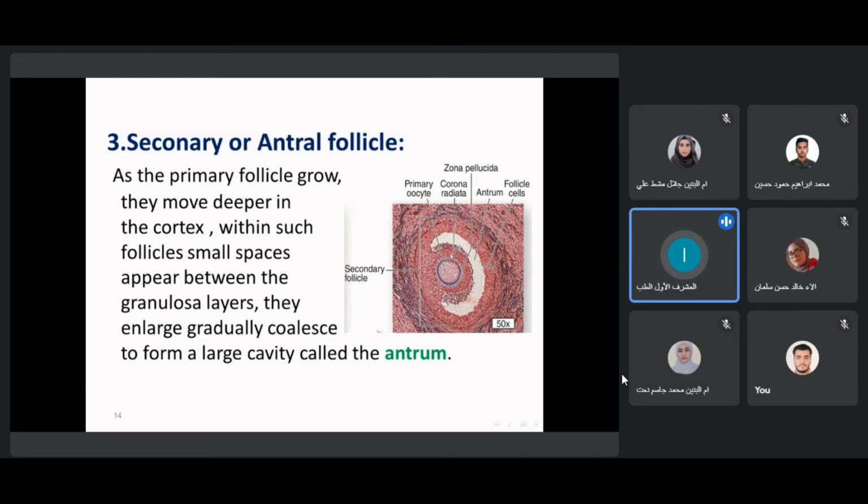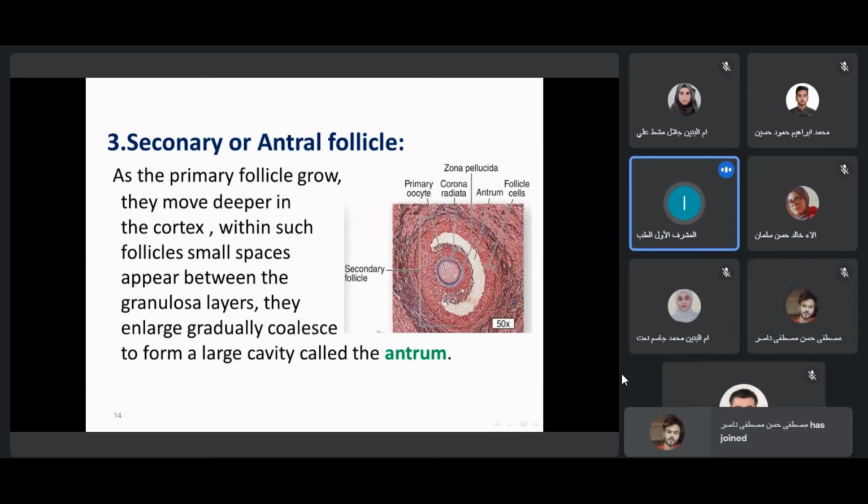The granulosa cells here, as you can see, will form crown-like, tightly adherent cells around the primary oocyte, and this part of the granulosa cells is called the corona radiata. This part will be released with the oocyte during ovulation.